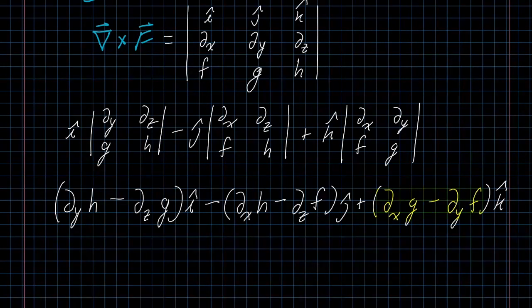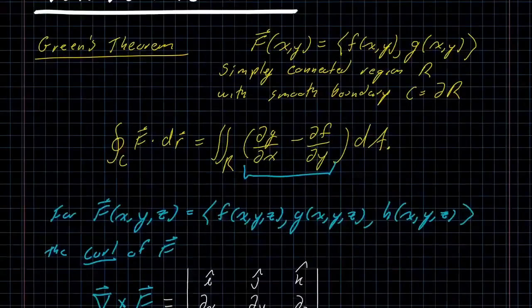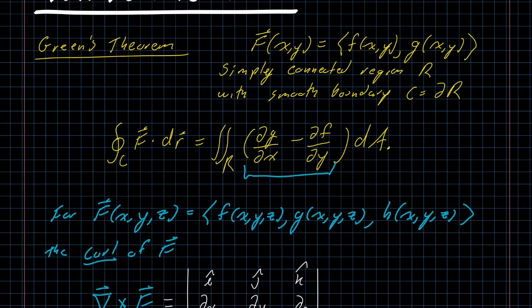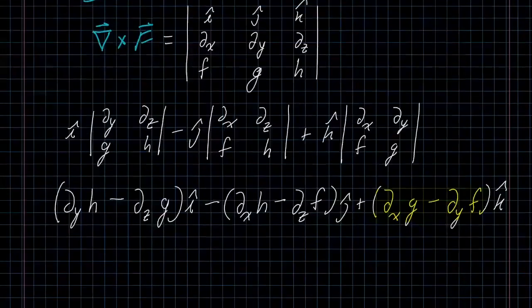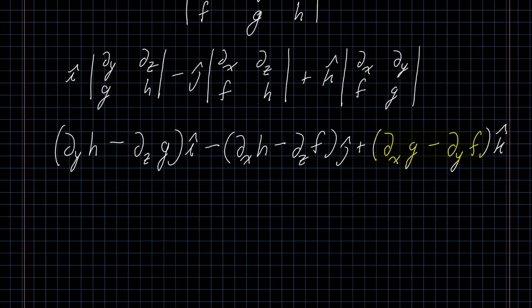And that right there, if you look back, is the thing that showed up in Green's theorem. That is the part that was underlined in blue here. I've written it in this case using a slightly different notation for partial derivative, but it's the same idea.